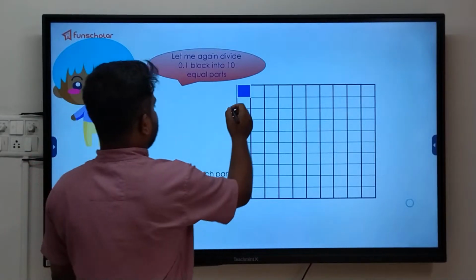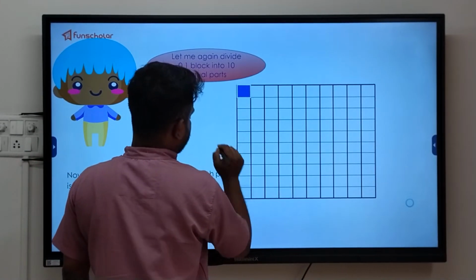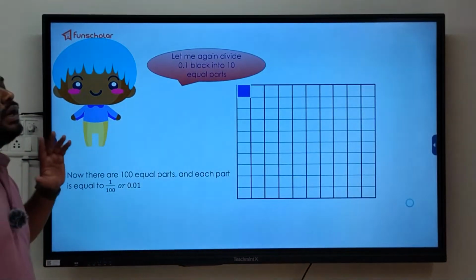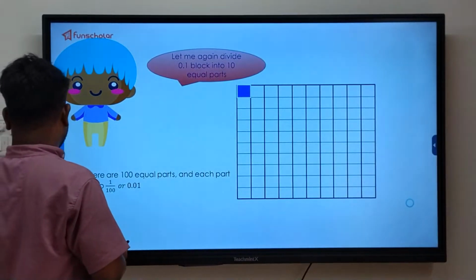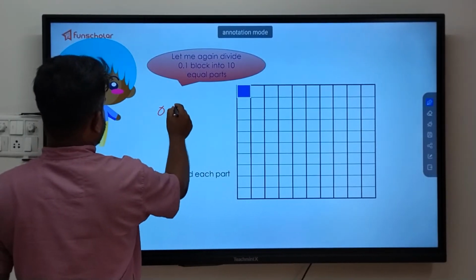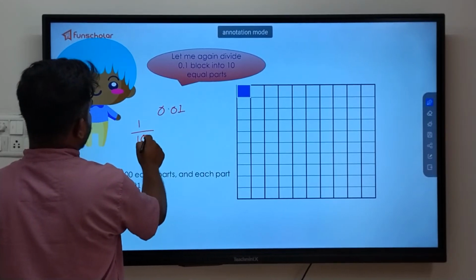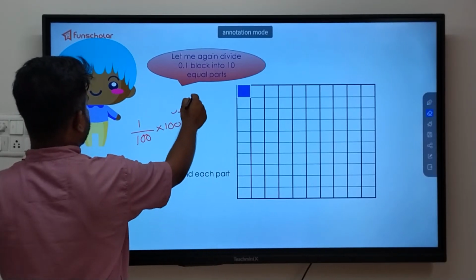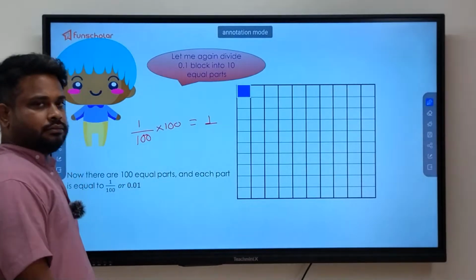Here each row has 1, 2, 3, 4, 5, 6, 7, 8, 9, 10, so this square consists of a total of 100 boxes, and the value of each block is 1 by 100, so the total value of this box will be 1.